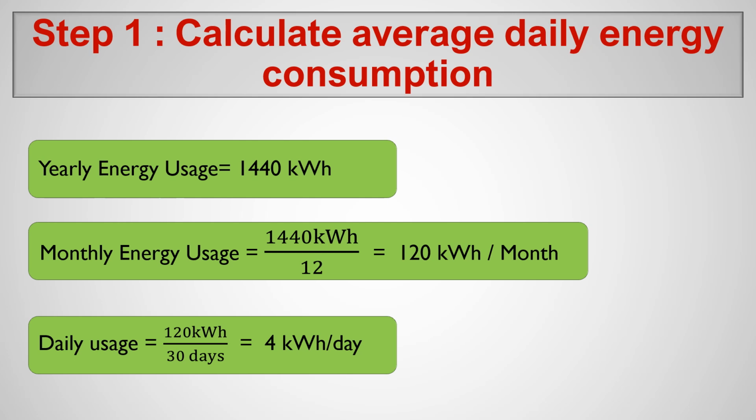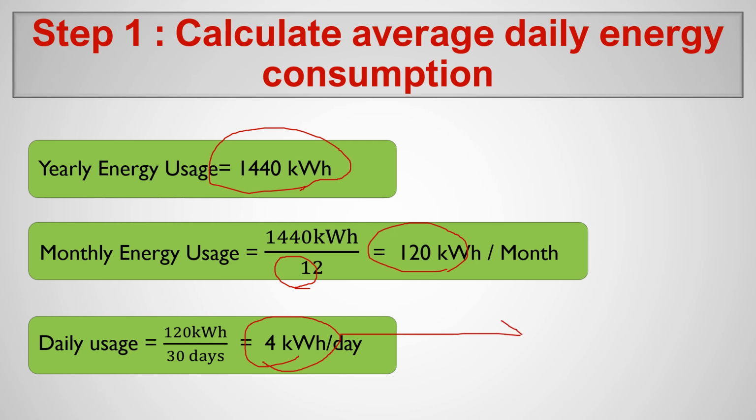Account for all the year's energy usage, add everything and find the value. This is the yearly energy usage, then divide it by 12 to get the monthly energy usage. Then again divide it by 30 days to get the daily energy usage. So this value is important to carry out our calculation.